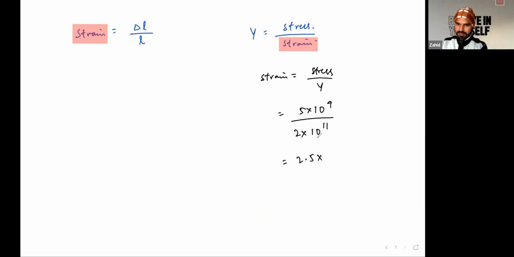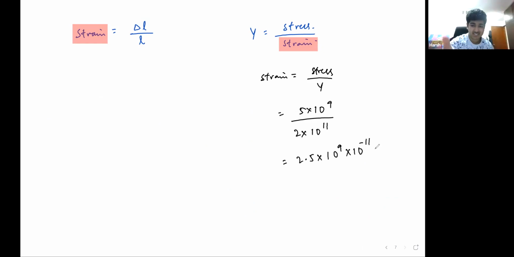Move this term to the numerator, so it will be 10 to the power 9, and on moving... sorry, sir, I actually assumed minus 11 and moved it, so it became plus. So it will be 2.5 into 10 to the power minus 2 only. Yes, because I took minus 11 in the denominator and took it up there, it became plus. Okay.